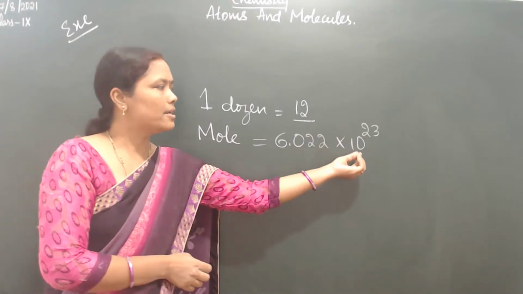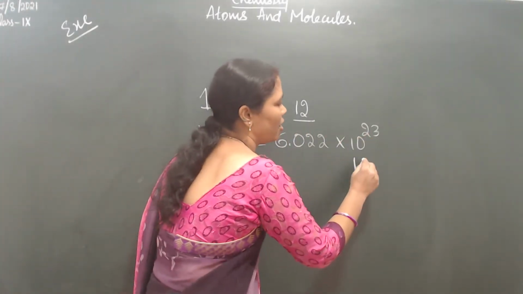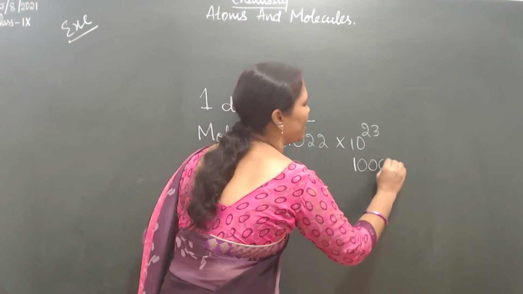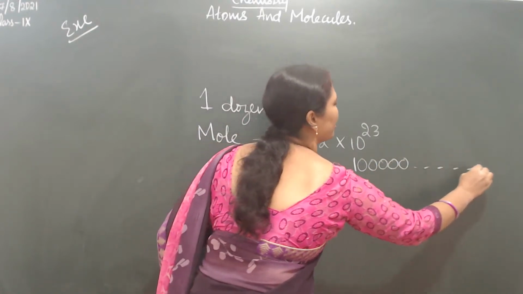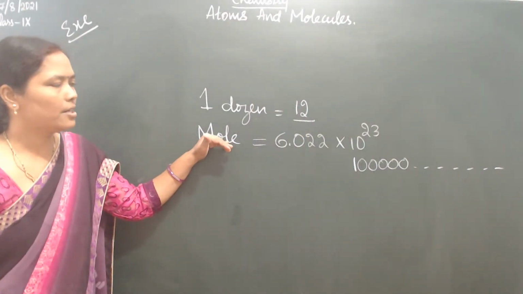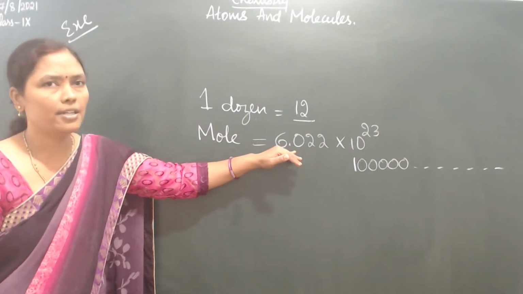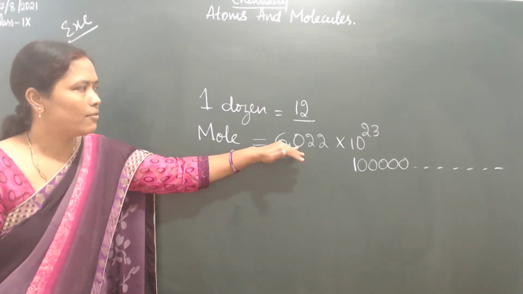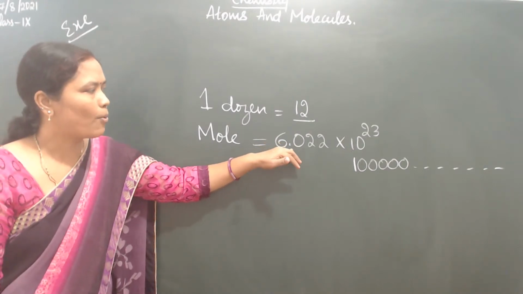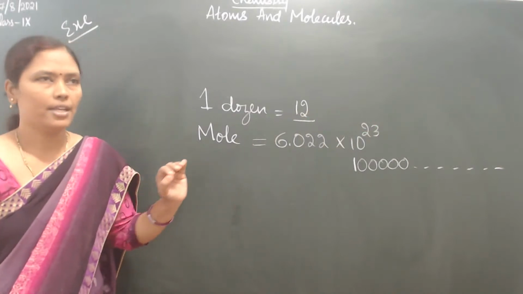It is a big number. 10 to the power 23 means after the 1 we write 23 zeros. So a mole is a number, a constant number: 6.022 into 10 to the power 23.